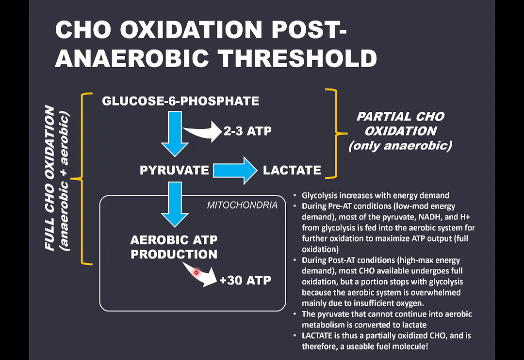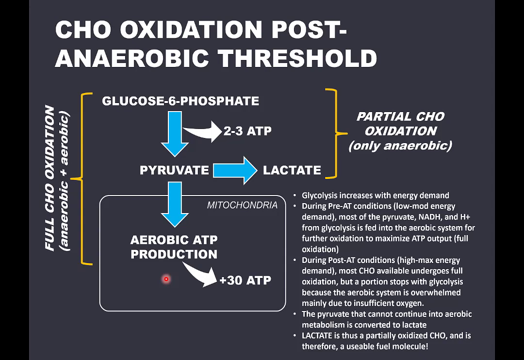This means most of the glucose 6-phosphate undergoes full oxidation, which involves glycolysis, followed by aerobic metabolism, yielding 32 to 33 ATP per single glucose 6-phosphate. Again, this is characteristic of carbohydrate oxidation during pre-anaerobic threshold exercise intensities.